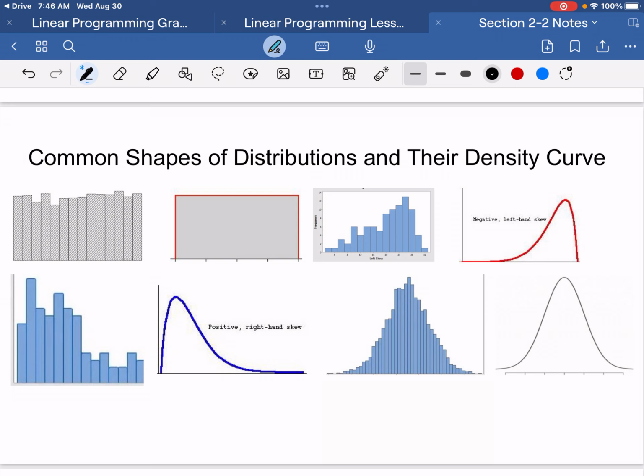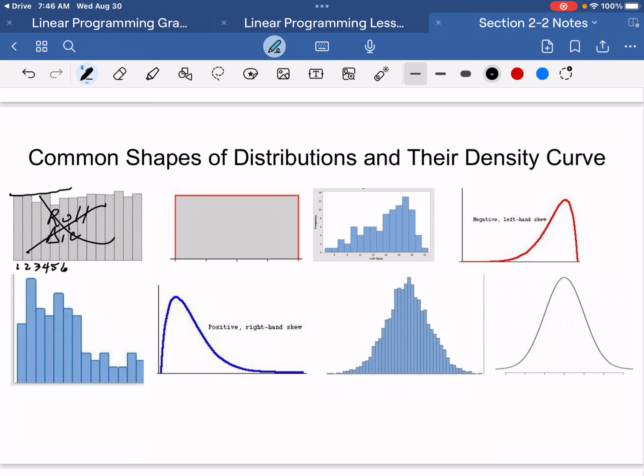Like, for instance, if I roll a die a bunch of times, I would probably get the same number of ones, the same number of twos, the same numbers of threes and fours and fives and sixes. And so every time I roll a die hundreds of times, I just know the bar heights are going to be roughly the same. And so I go, you know what?